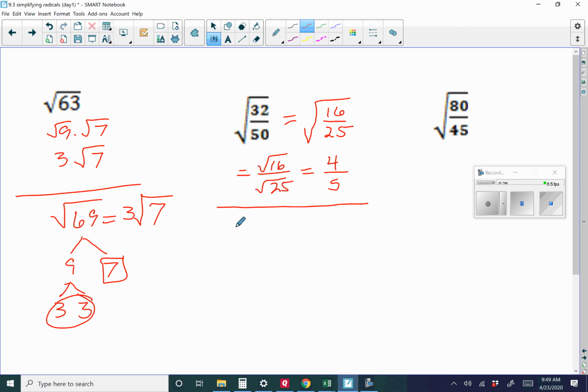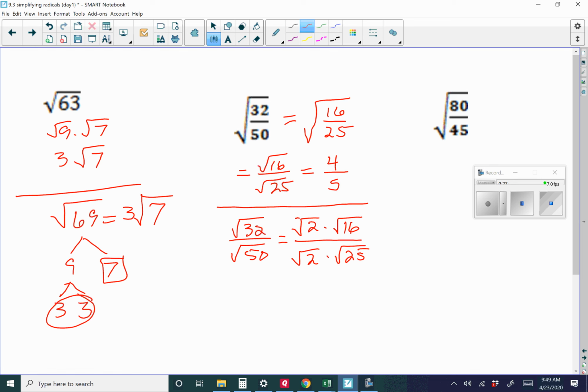You could also look at it this way. We can say square root of 32 breaks down into the square root of 2 times the square root of 16 over square root of 50, which is the square root of 2 times the square root of 25.